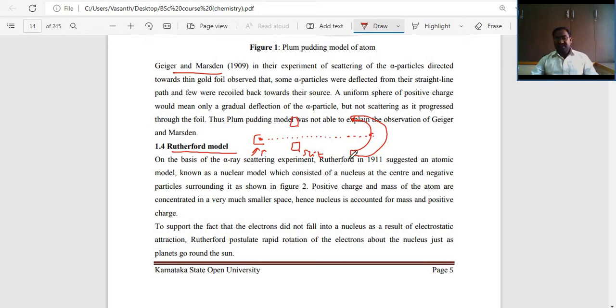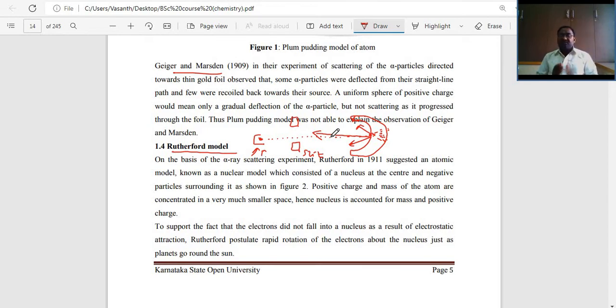We observe three types of behavior here. Some of the alpha particles easily cross through the gold foil. Some of them are deflected, and some of the alpha particles rebound.